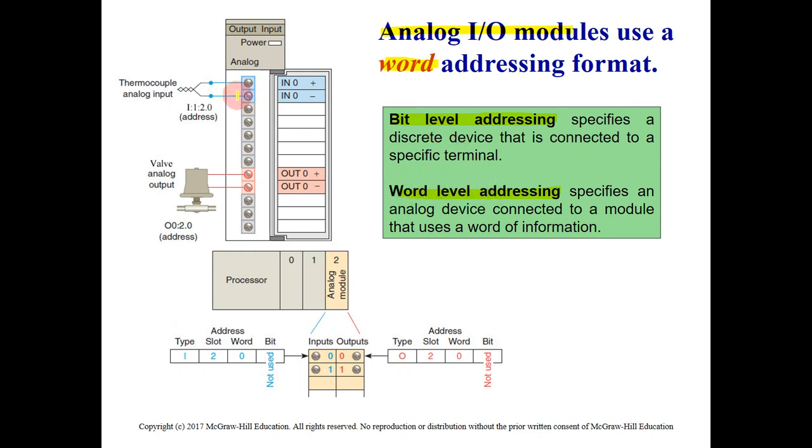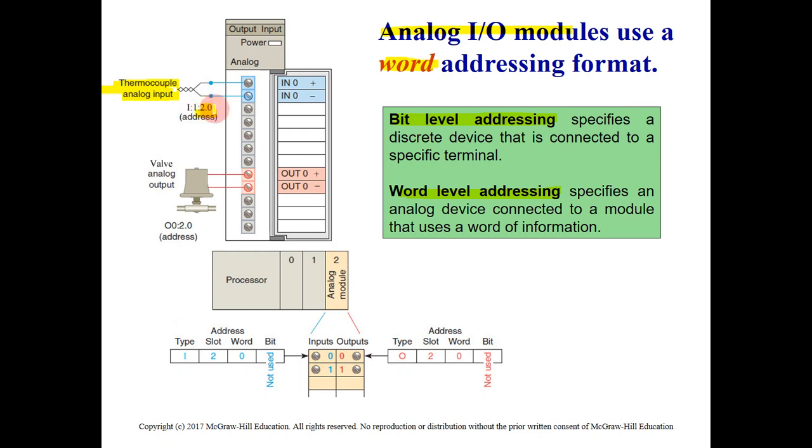In the case of the analog input, we have, for example, a thermocouple. A thermocouple is a type of temperature sensor that we learned before. This thermocouple will connect to the input terminal here. One input is positive, one input is negative. So the address of this one will be I, input slot number 1, and it will give you 2.0 here.